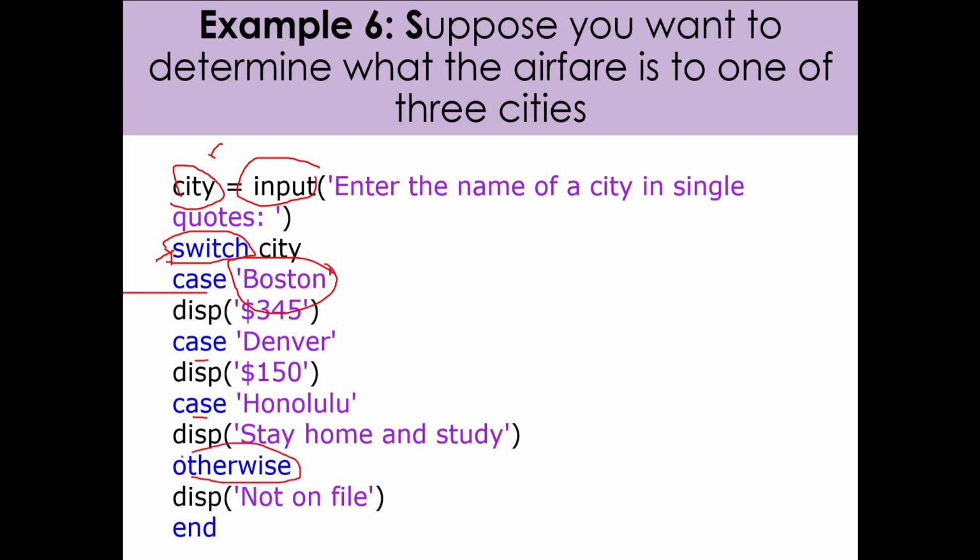And if the user inputs a city other than these three, MATLAB will display the otherwise portion of the switch and case structure code. And make sure you end the switch and case structure with this end word.